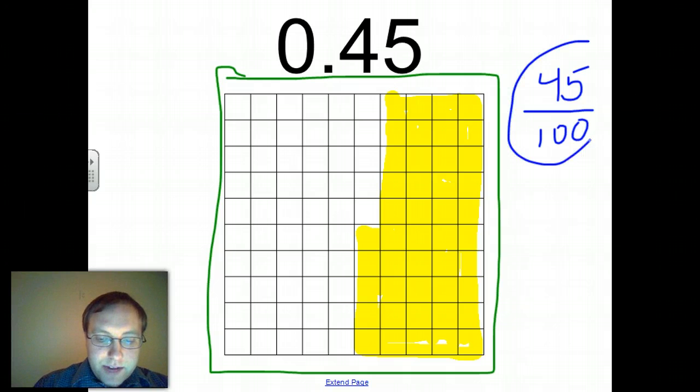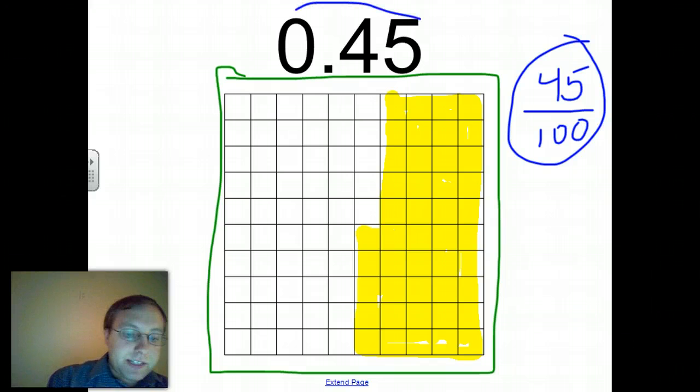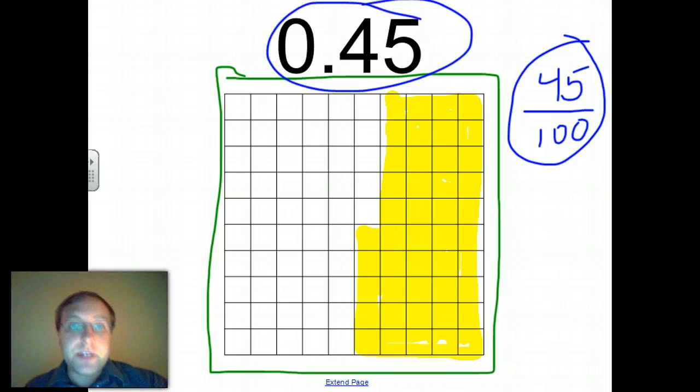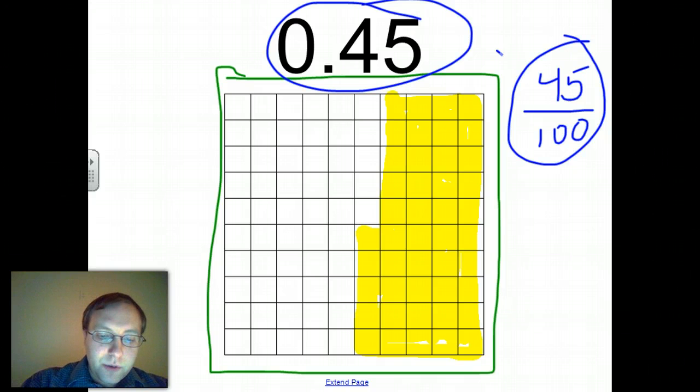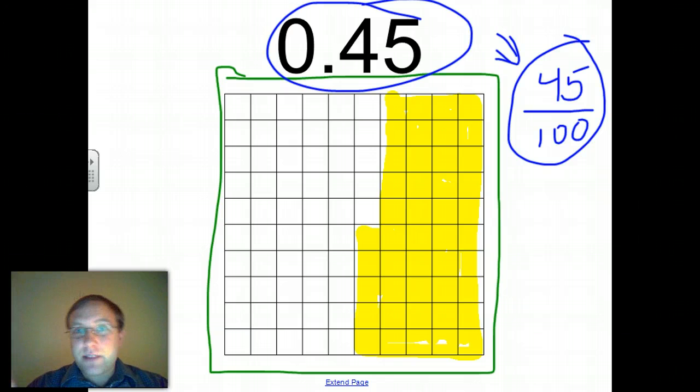And if we read this fraction, before we simplify it, we read it as 45 hundredths. And if we read this decimal, not using the more informal 0.45, if we read it properly using the place values, this is also 45 hundredths. So if we read this decimal, 45 hundredths, and write the fraction by the same name, 45 hundredths, we've actually created the fraction that it represents also.